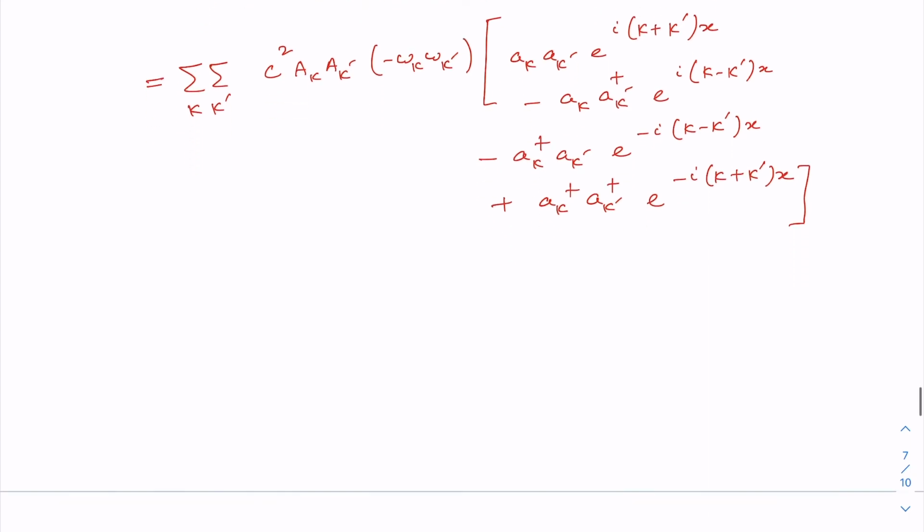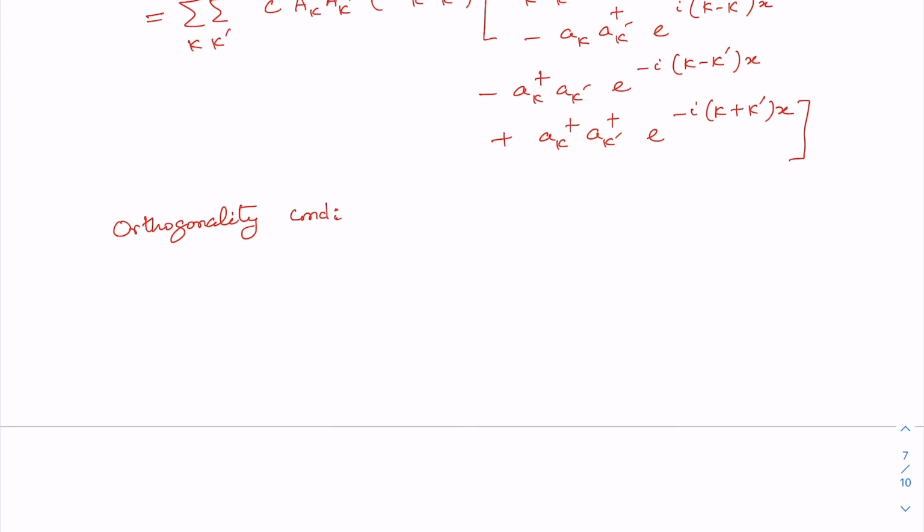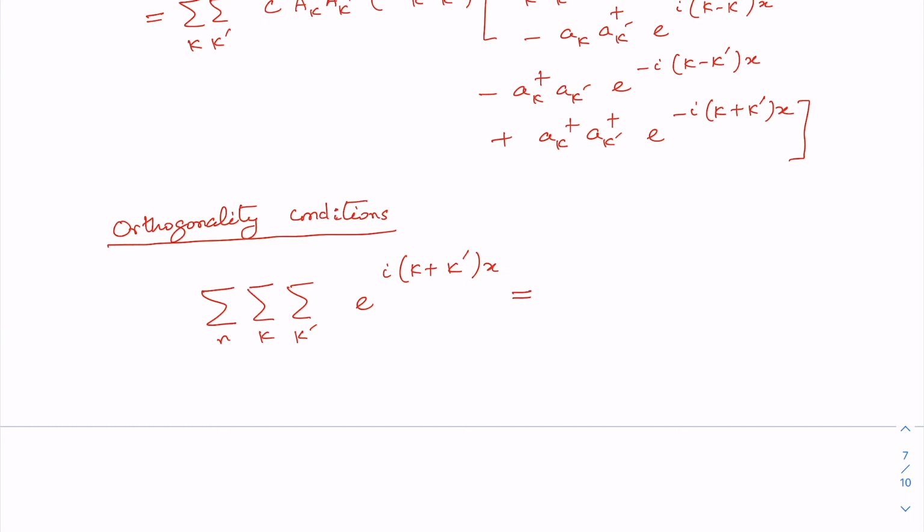Alright, now let us use the orthogonality condition. I talked about it in the class. The orthogonality conditions: sum over n of e to the power i(k plus k dash)x is equal to W by a delta of k plus k dash.